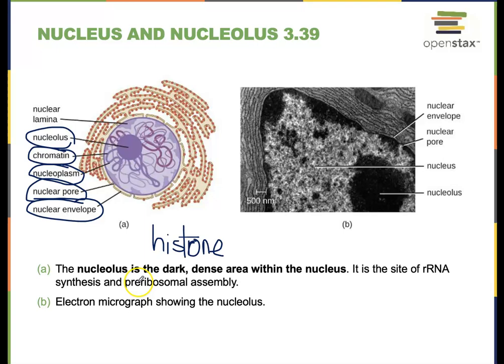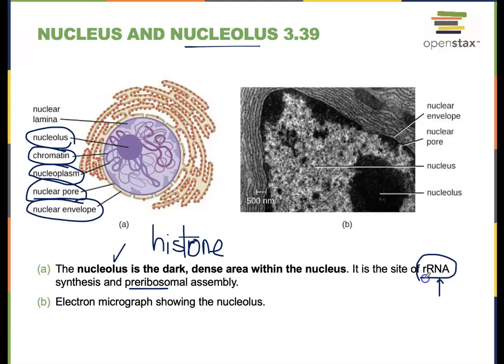The other thing here that we see is a nucleolus. The nucleolus is a dark, dense area inside the nucleus, and it's completely different. It's where ribosomal RNA is formed, in the pre-ribosomal assembly. So basically those ribosomes we talked about that make protein have a part that is RNA.